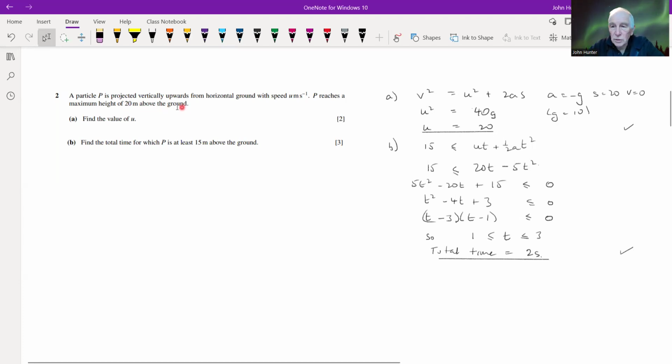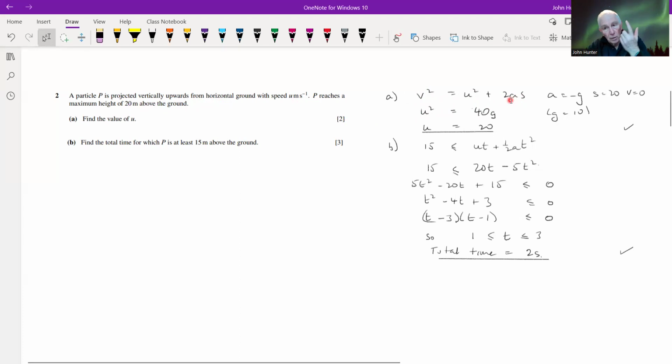So what we've got is a constant acceleration kinematics problem, where this is the equation we're going to use. We know v is 0 at the maximum height of 20 meters. u we're trying to find. a is acceleration due to gravity.